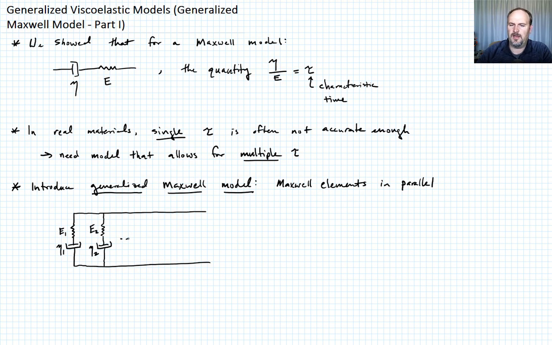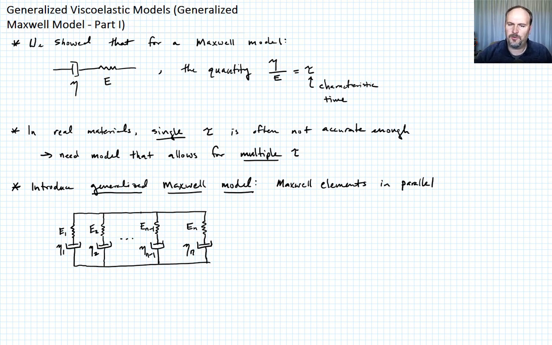Then dot, dot, dot, and another one, E sub n minus 1 and eta sub n minus 1, just identifying the element they belong to. And then finally, we could have E sub n and eta sub n. So this would be a generalized n element Maxwell model.